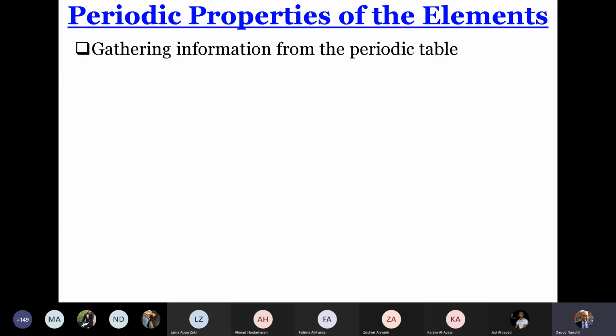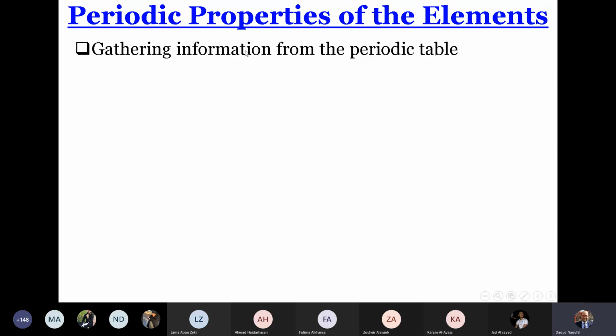Why did you make this representation? In order to make the use of these colors easier. So the periodic table is an arrangement of atoms, of elements. And this arrangement makes the reading of the properties of these elements easier.